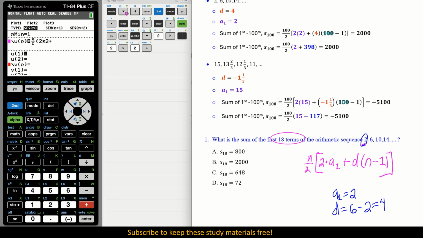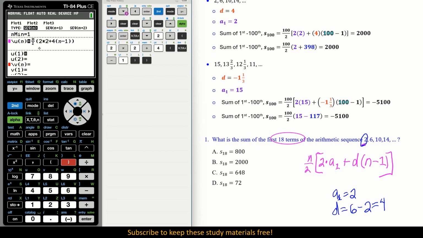So d equals 4. Then we type in 4, parentheses, n minus 1, close. You need another parenthesis to close again. Take a look at what we have. This will work according to order of operations.